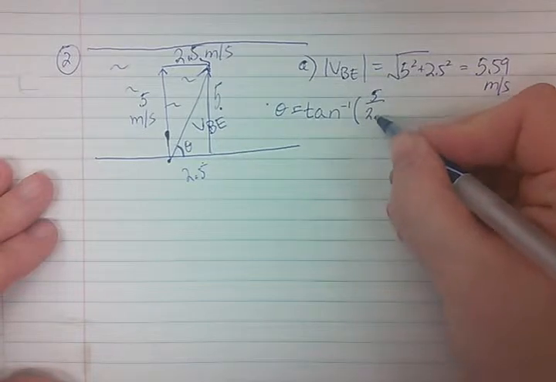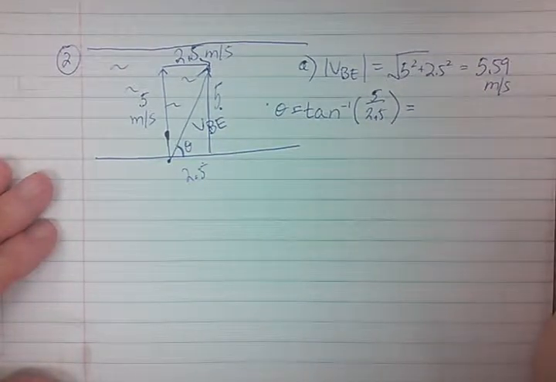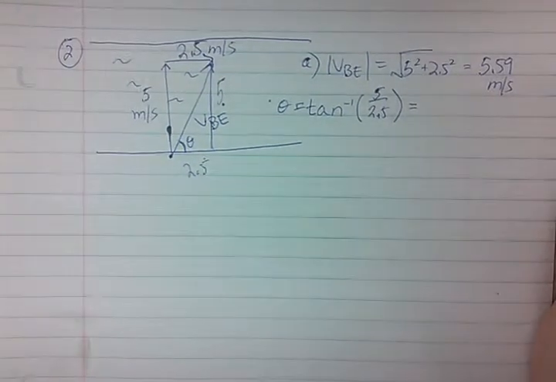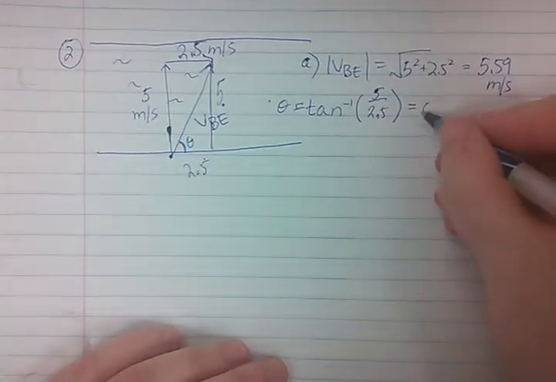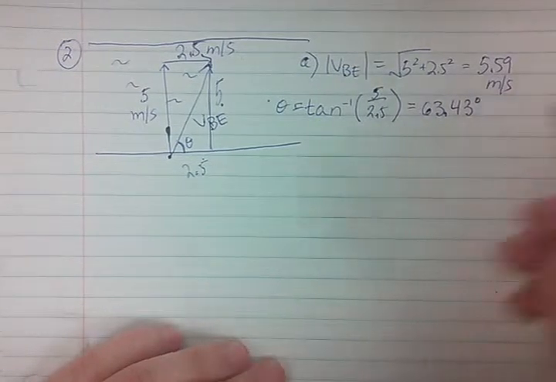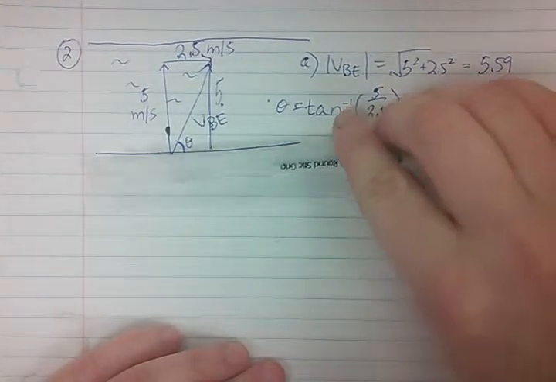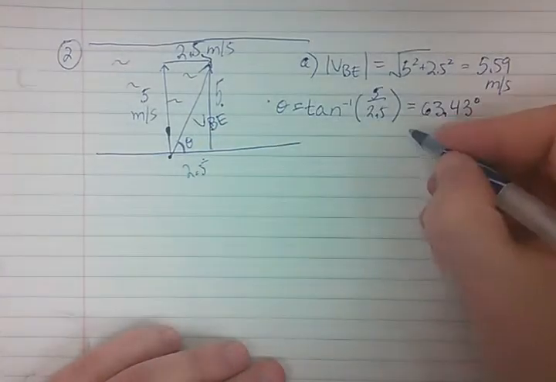So 5 over 2.5. Again, that's just the y component over the x component. And you should get 63.43 degrees. And again, this is north of east.